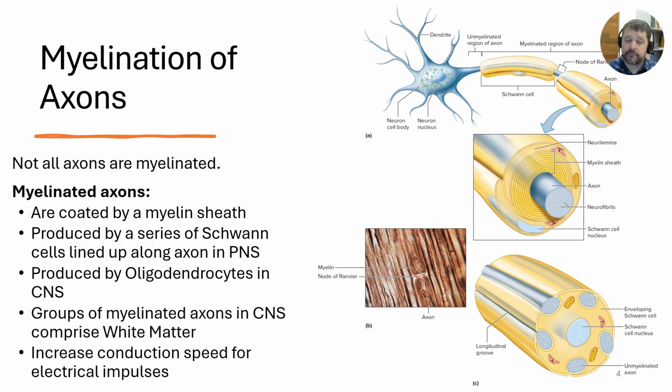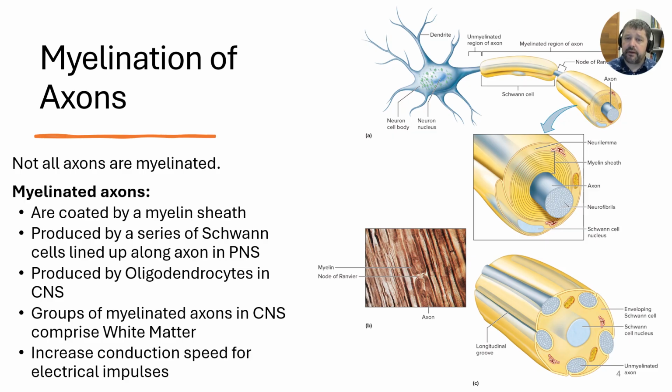That's important. When we look at the central nervous system, any part that has myelinated axons we would consider white matter, and this will play an important role a little bit later. If it's non-myelinated, it's considered gray matter. Oligodendrocytes are what lay down that myelin material, and it's really important.